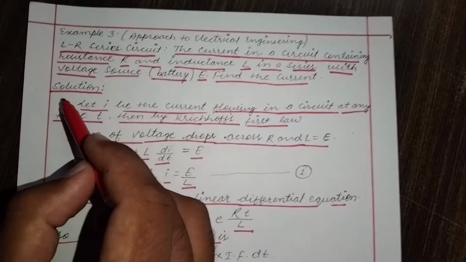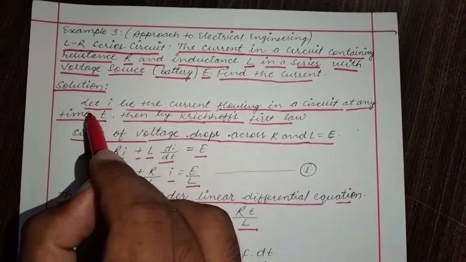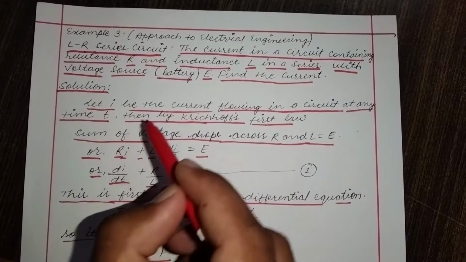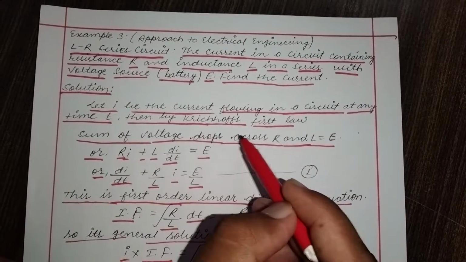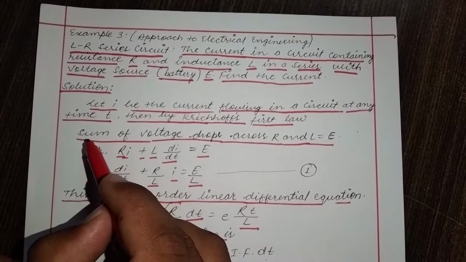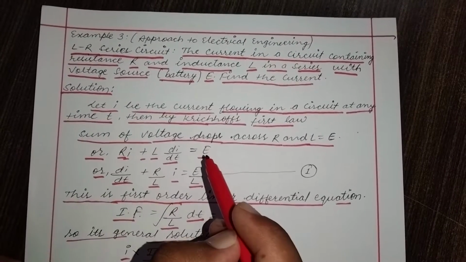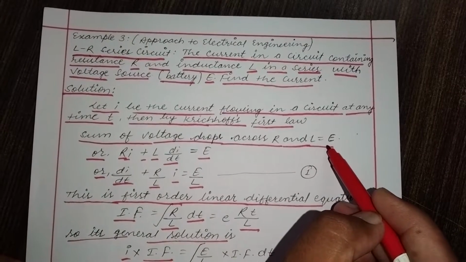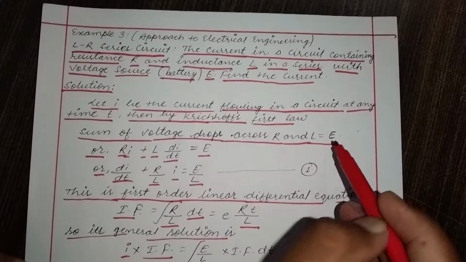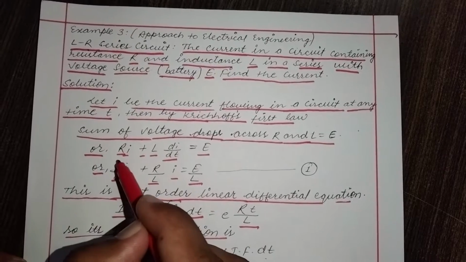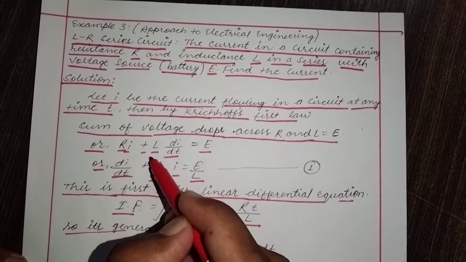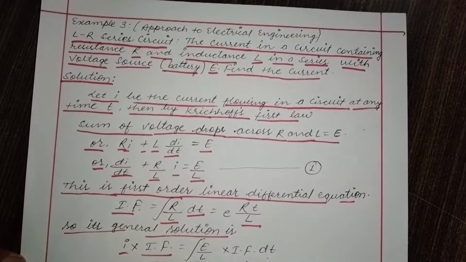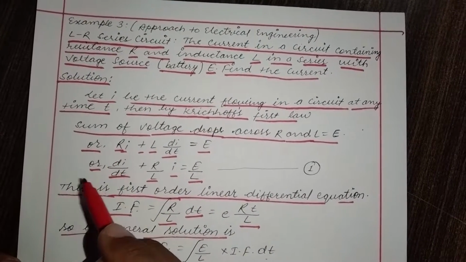Now we are going through the process. Solution: let I be the current flowing in a circuit at any time t, then by using Kirchhoff's law, the sum of voltage drops across resistance R and inductance L equals E, the voltage source battery, or Ri plus L di by dt equals E. This is our Kirchhoff's law equation.